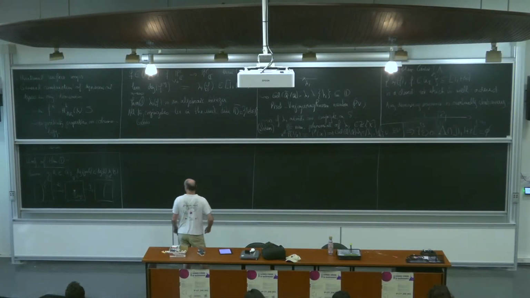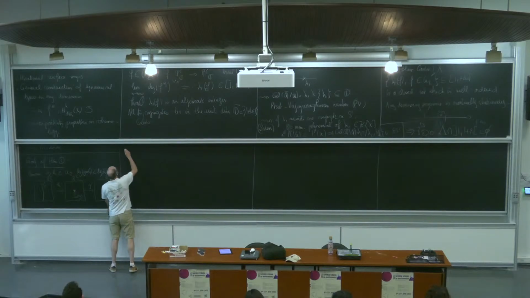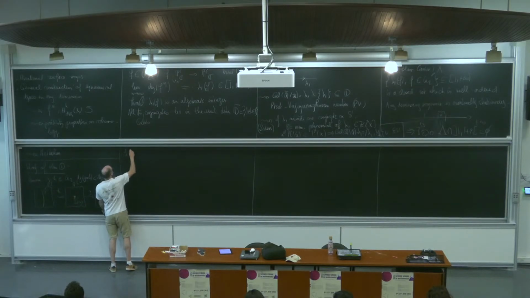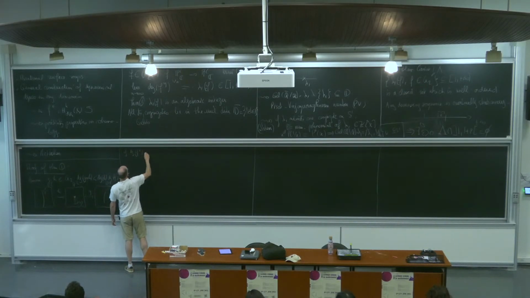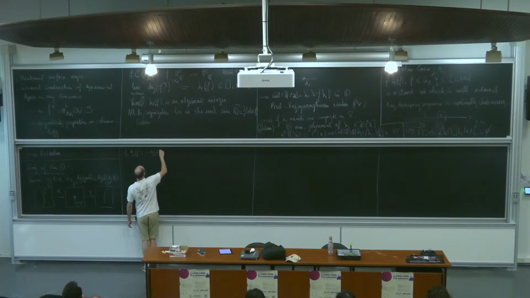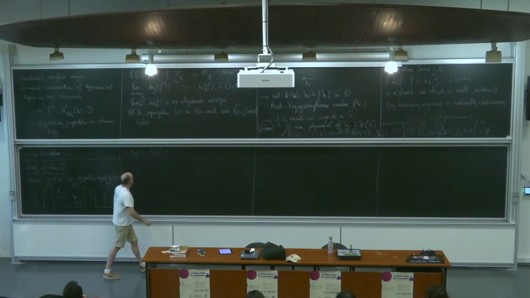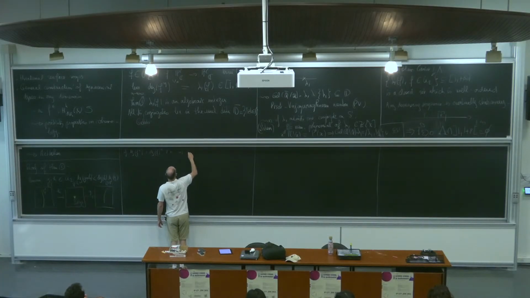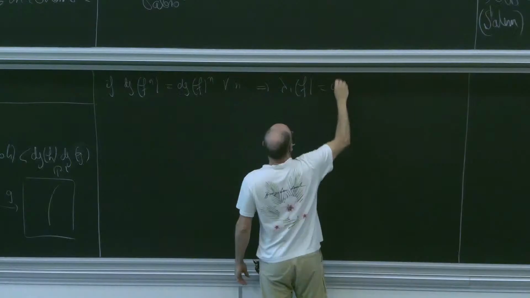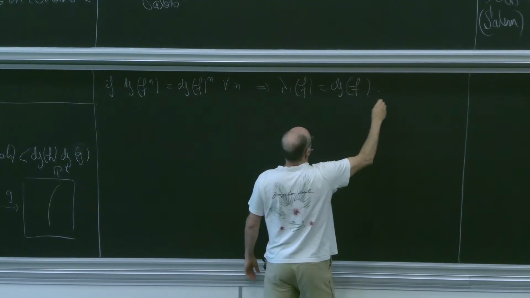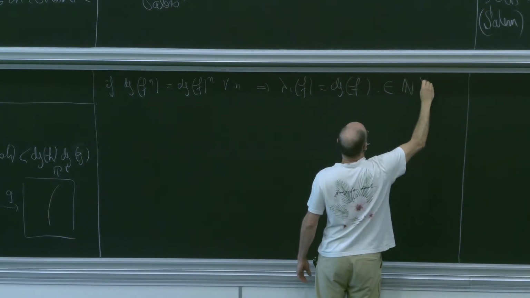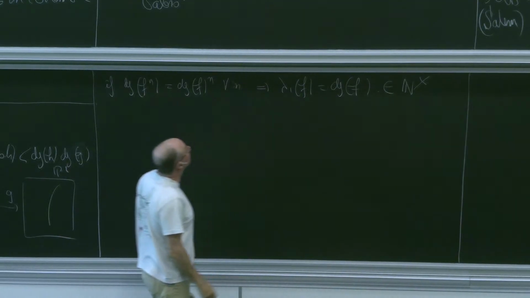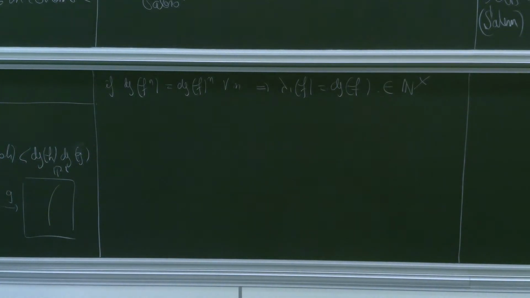Okay, so if the degree of F^n is equal to the degree of F to the n for all n, remember, most of the time it's like this, then the theorem is not really a theorem. The lambda 1 is a positive integer, and so there is nothing to prove.